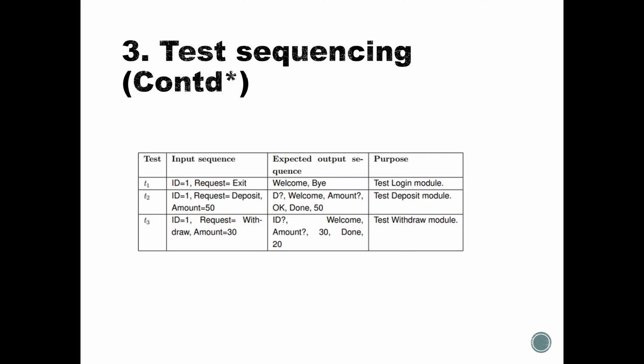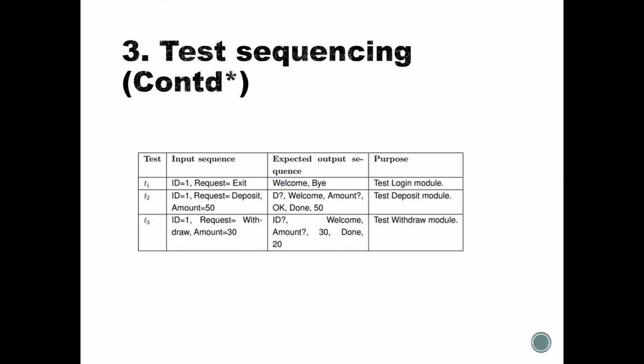Similarly, we have test T3, the ID1 test, in which the same ID1 requests to withdraw an amount, 30.